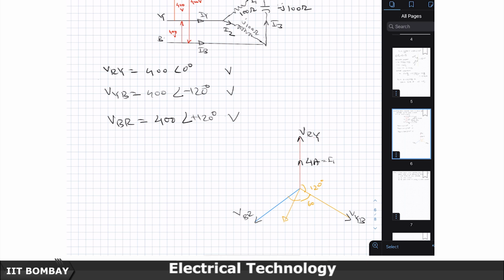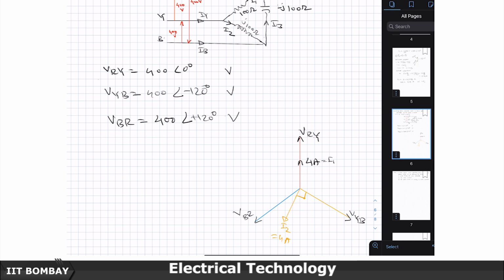I will have again I2, which is 4 amperes, at an angle of 90 degrees with respect to VYB. This is lagging VYB by 90 degrees.